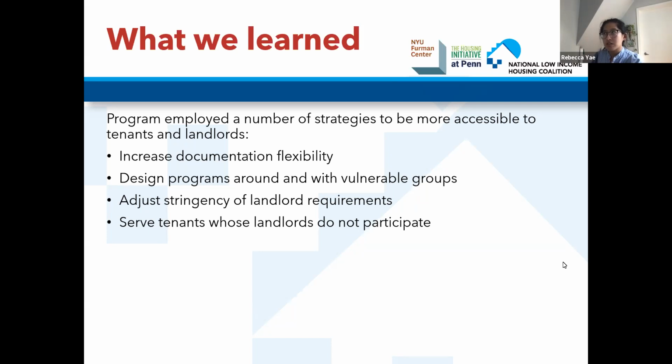So all of these learnings from the programs from last year have really come to take some form in more recent Treasury guidance, especially with Treasury's strong discouragement of excess documentation requirements and provision of new ways to circumvent income source documentation, as well as the requirement to provide direct-to-tenant assistance with ERA2.